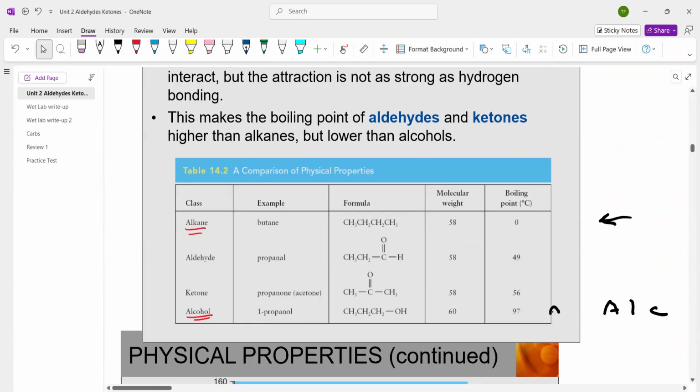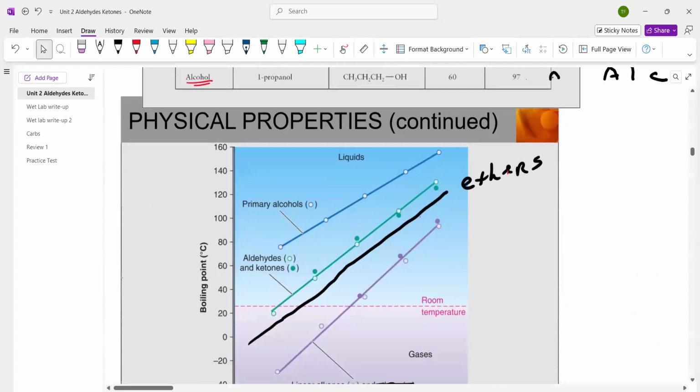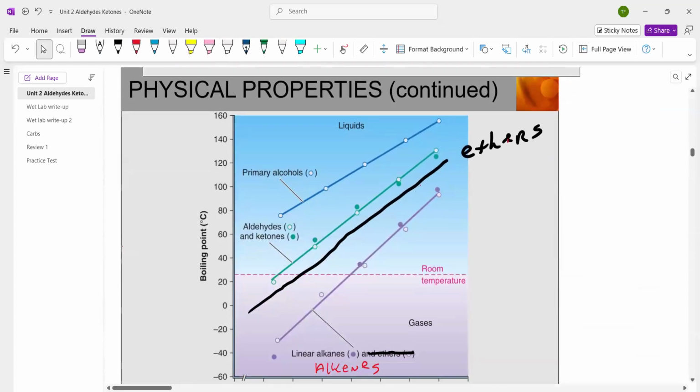Okay, so you'll notice here boiling points. Alkanes and alkenes are the lowest. Alcohols are the highest. And aldehydes and ketones are kind of in the middle, similar to ethers.